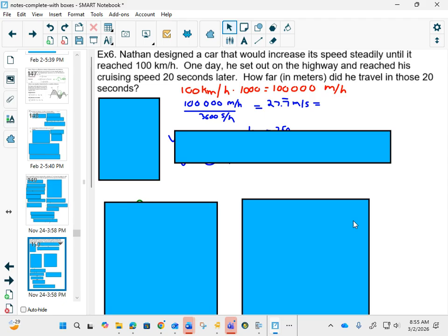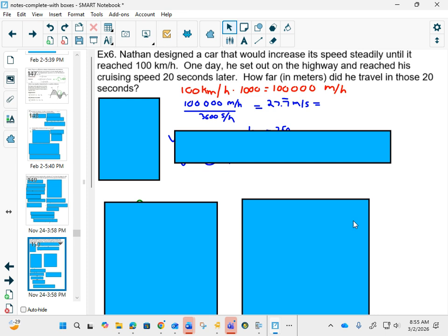In an hour, there is 3,600 seconds. So we can convert 100 kilometers per hour by dividing by 3,600 to get 27.7 meters per second. So some conversions to begin with, just to have our units.